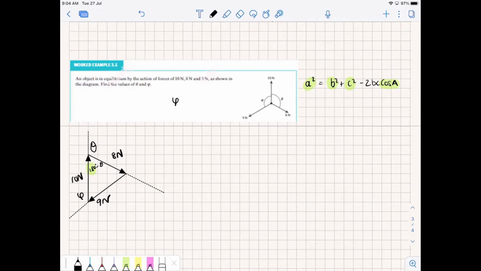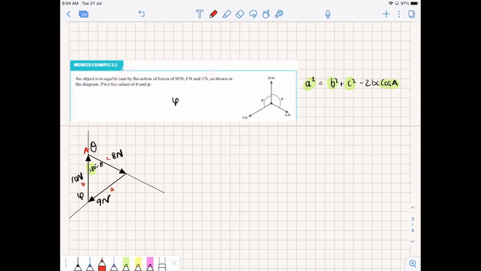So we'll use that and we'll solve for theta later on. If I'm solving for angle theta, let's call that angle A. This is angle A over here. The side opposite angle A is little a, right? Side A. And we can just call the other two sides side B and side C.